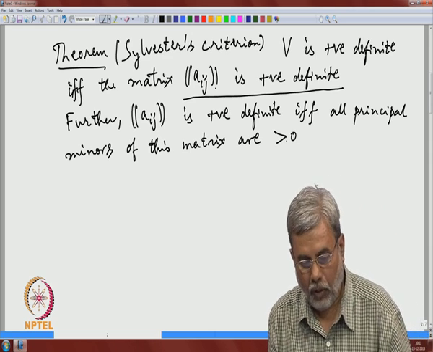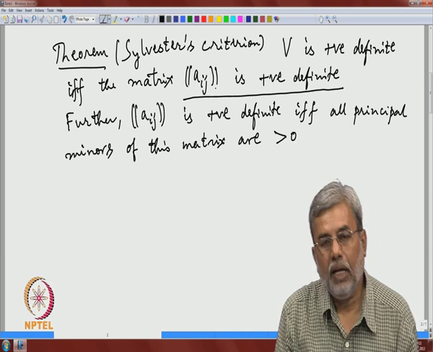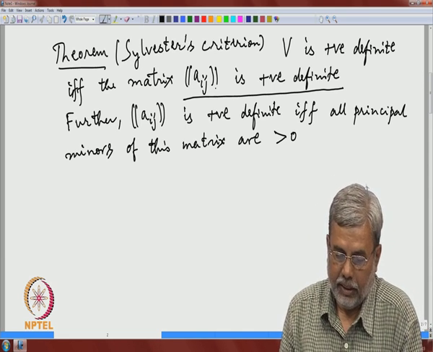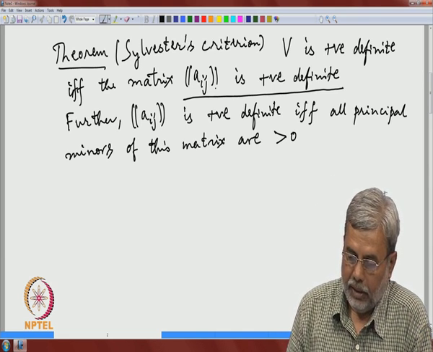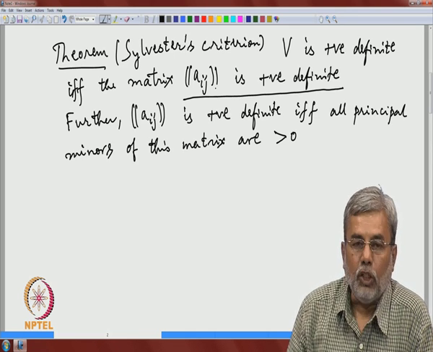Okay, so we will discuss this theorem in great detail when we discuss the portions of linear algebra that are required for this course.